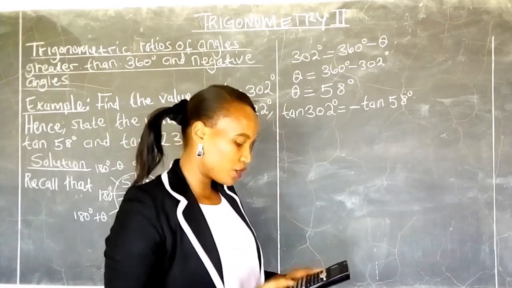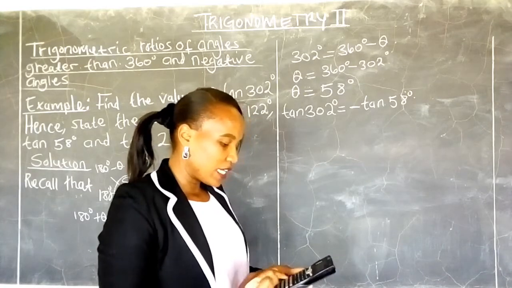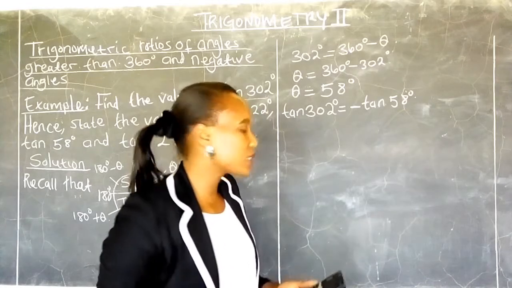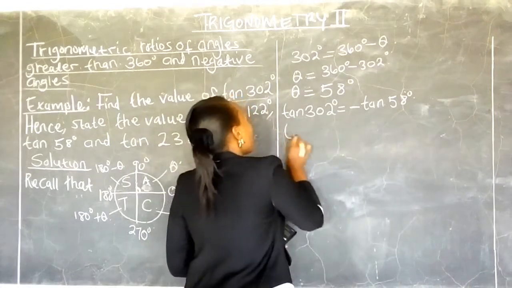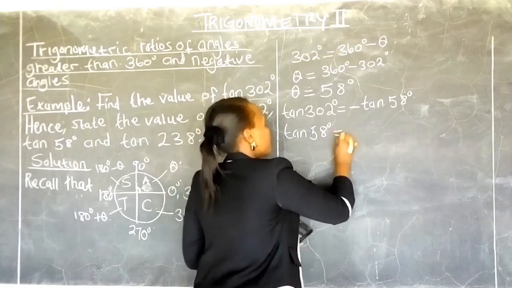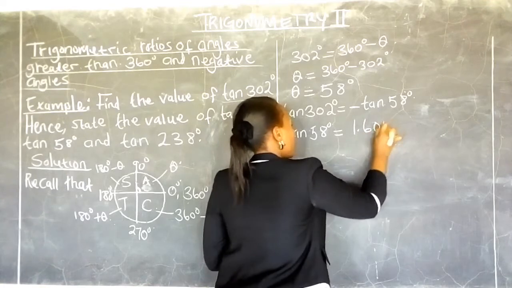So what is tan 58 degrees? We can use our calculator so that we can save time. Tan 58 degrees is 1.600.